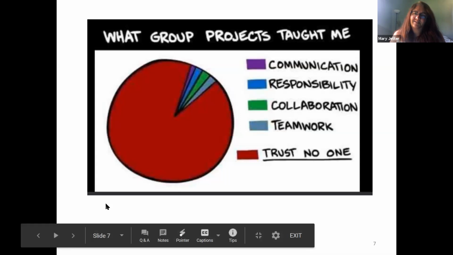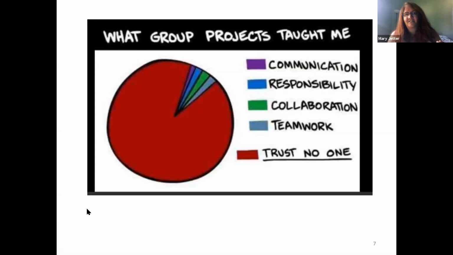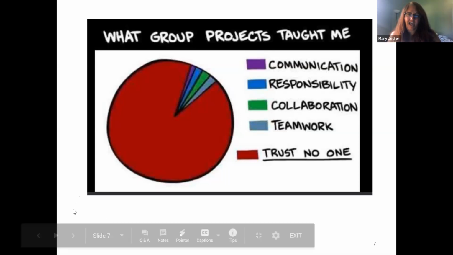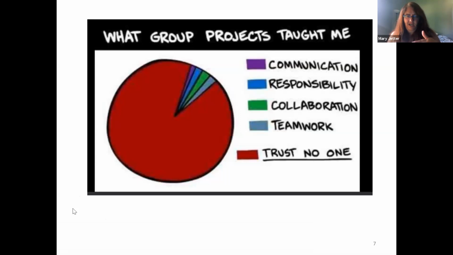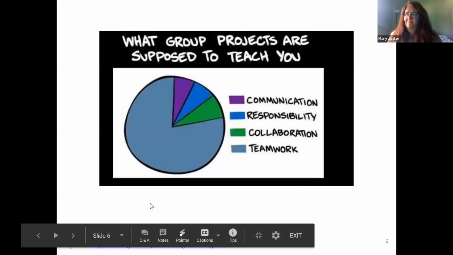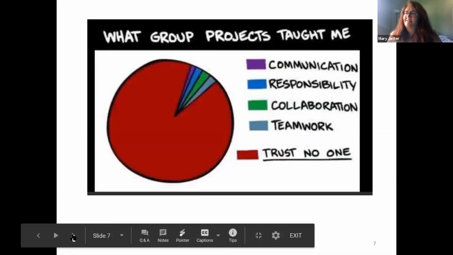And a lot of times, this can be because the project maybe wasn't set up well to require students to work together. Maybe it wasn't scaffolded well, so the students didn't have these steps that they had to take along the way to get to know each other and work better. So our goal today in this workshop is that your students will learn teamwork skills, communication, responsibility, and collaboration instead of to trust no one.